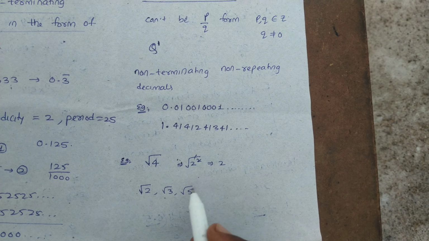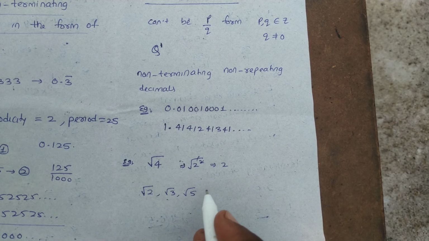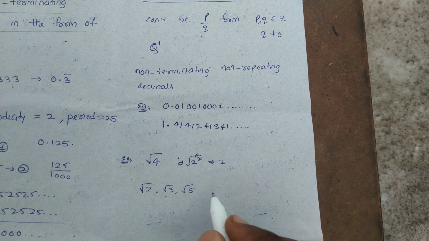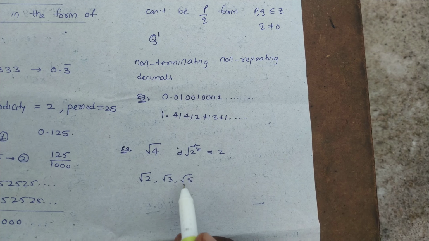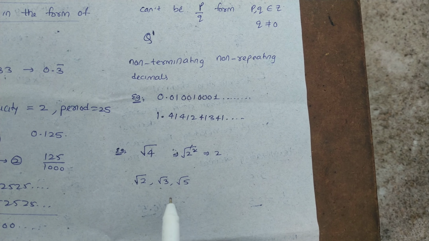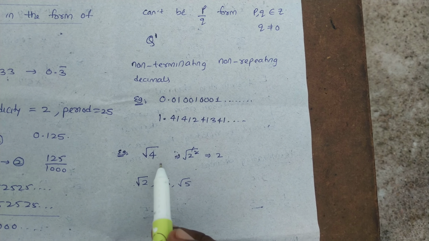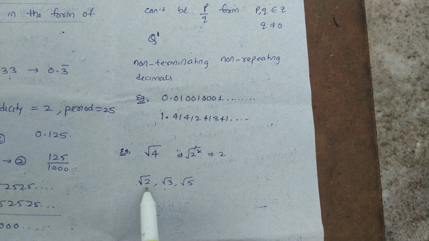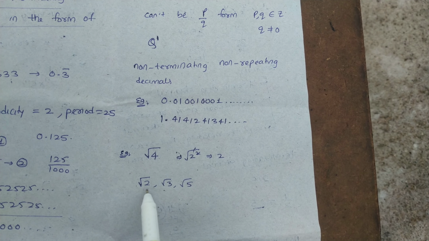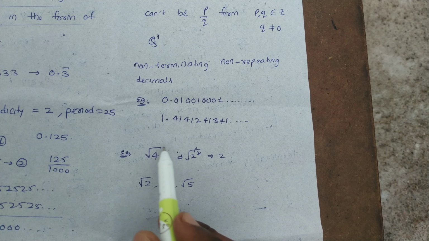Any positive integer, you should only take positive numbers, if you take it under the root and it doesn't have a perfect square, then that number will be irrational.